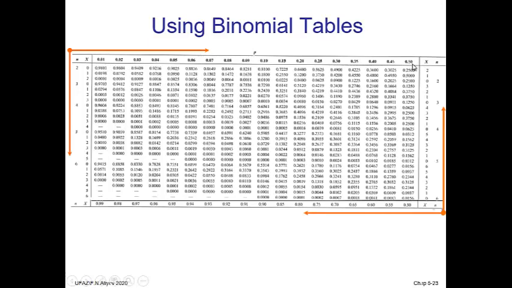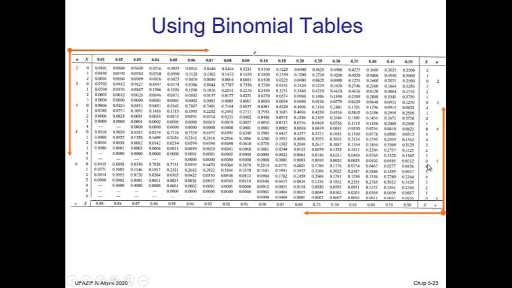In this case, you will take the probability of success from here, and values of n and x from here. Look, when n equals 2 and probability of success 0.55, the values of x, the number of successes, can be 0, 1, 2. When n equals 3, x can be 0, 1, 2, 3. When n equals 6, x can be 0, 1, 2, 3, 4, 5, and 6.